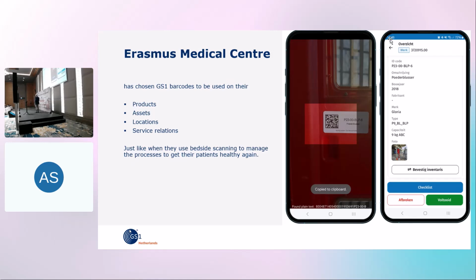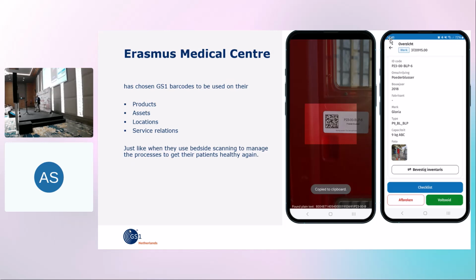They've chosen GS1 barcodes to be used on their products, assets, locations, and service relations. Why? Because in their medical process, they are already used to that. If you go to this hospital, you get a bracelet with a barcode which has a GS1 service relation number.